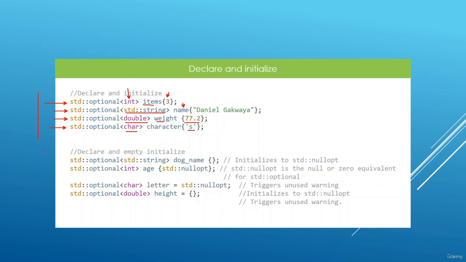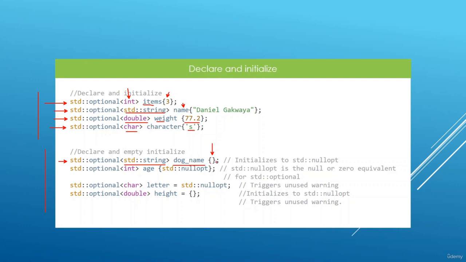And if you go down here, we have examples where we are declaring our std::optional variables and not putting in any kind of data. So they are going to be empty. The first one here is going to wrap around std::string. The variable name is going to be dog name, and it is not going to contain anything.